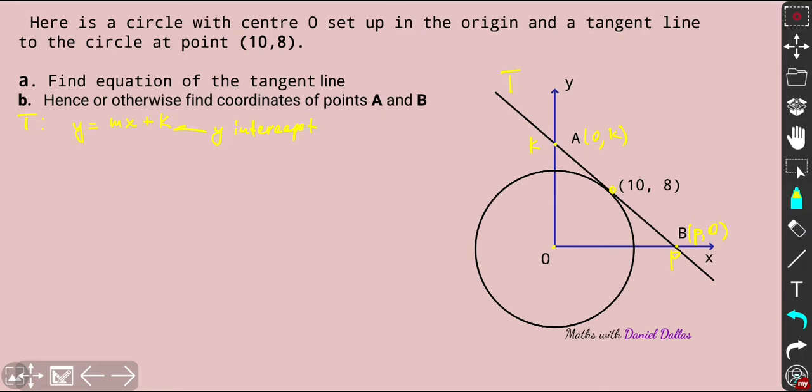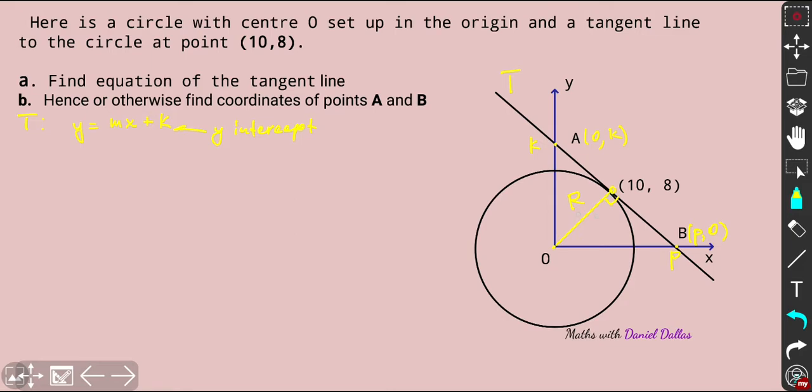How do we work out the gradient? We notice that, according to the property of the radius, it's always perpendicular to the tangent line. So here we have a 90 degrees angle.